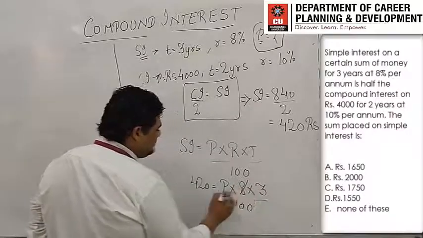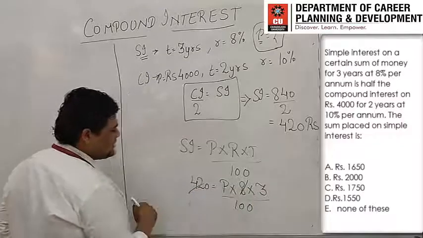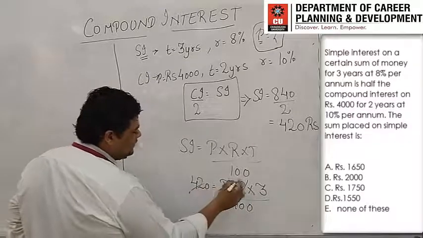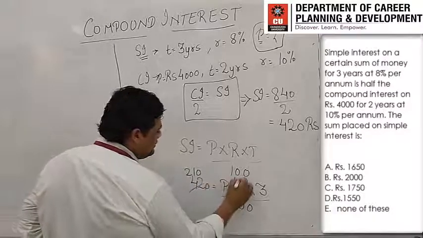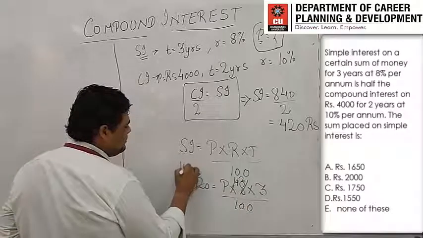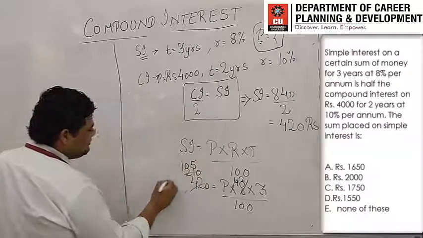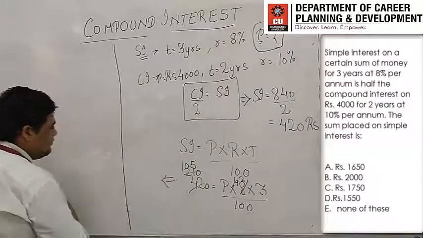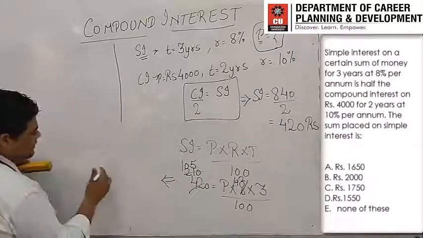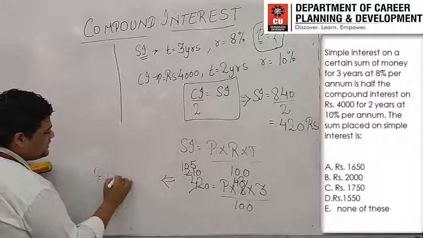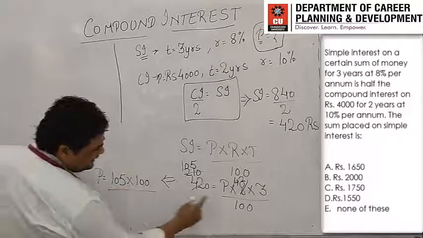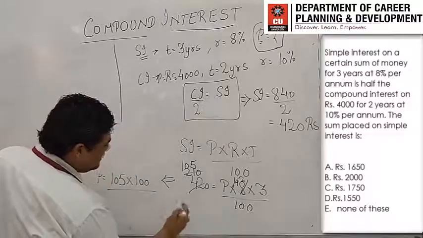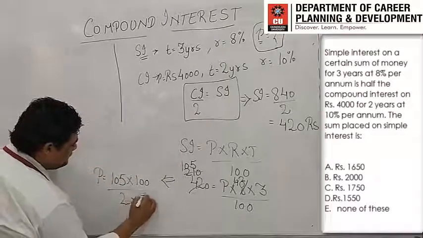Now cancel this out. If 8 is cancelled out, we calculate this as 210. Then again by 2, it is 105. Then principal will be 105 multiplied by 100 divided by 2 into 3.